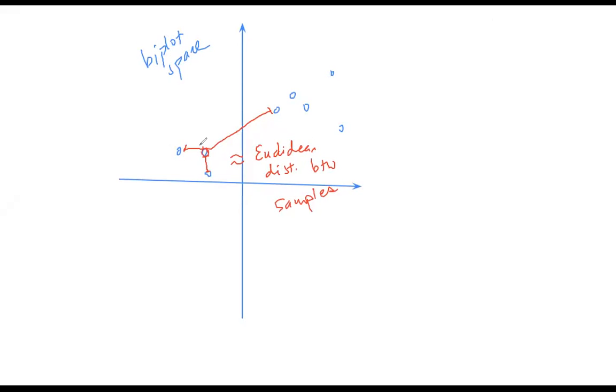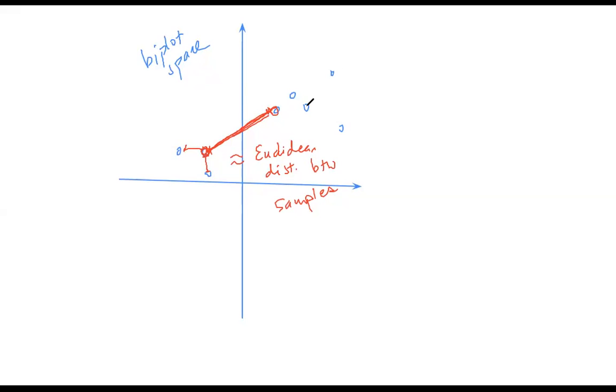Okay, so you take two samples here, and the distance in the biplot space is approximately equal to their Euclidean distance. Of course, you can calculate their Euclidean distance separately, but it's nice that you can approximately see it on the plot.